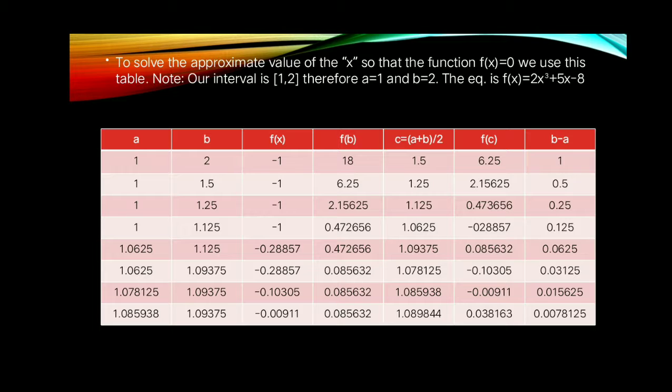f(a) is negative 0.28857. f(b) is 0.472656. c is equal to 1.09375. f(c) is 0.085632. b minus a is 0.0625.